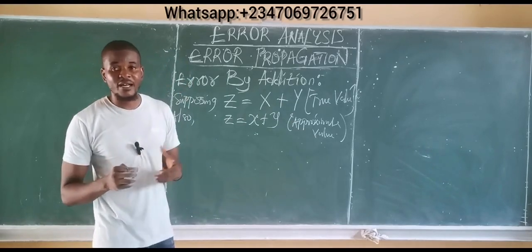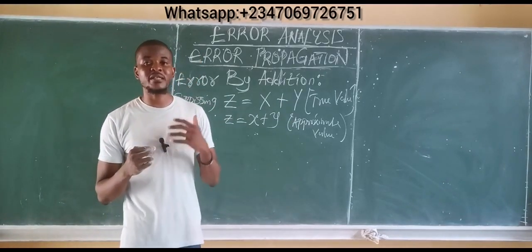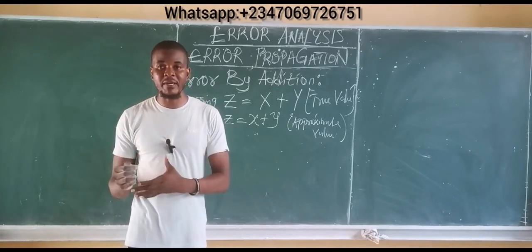We said earlier that the absolute error simply means the modulus of the true value minus the approximate value.